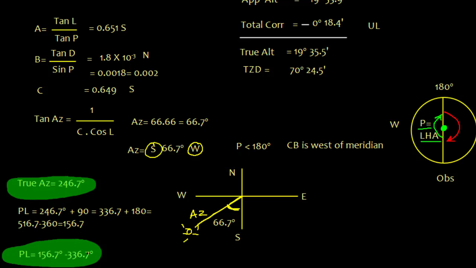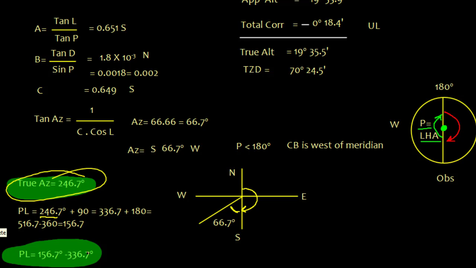If that is the case, we need to find the position line. Position line is 246.7. Well, this we need to add 180 degree: 180 plus 66.7, this is 246.7. That is what we obtained. And then we add 90, which is 336.7, then plus 180, which is 516.7.